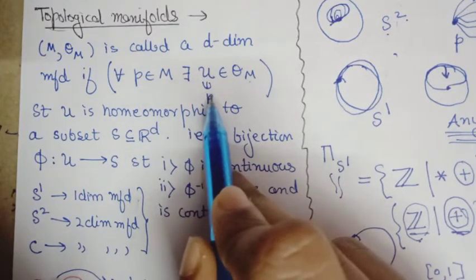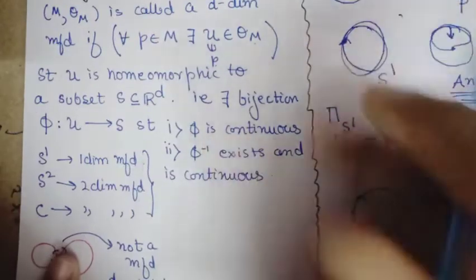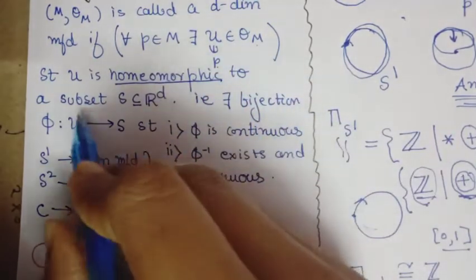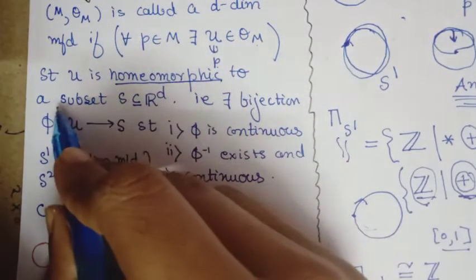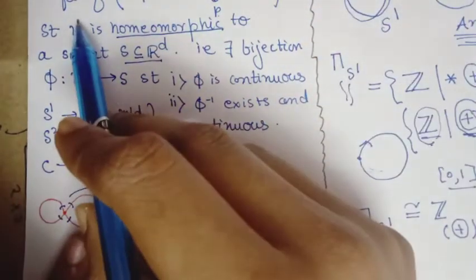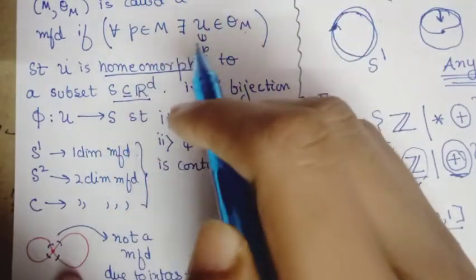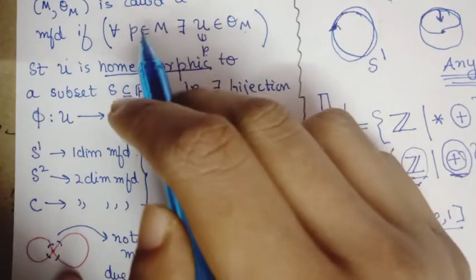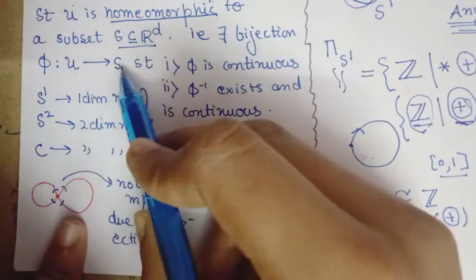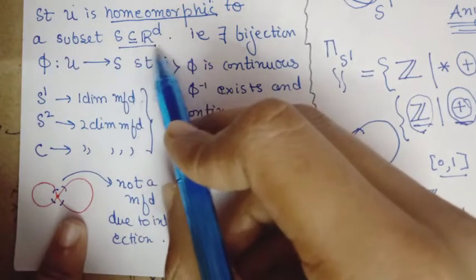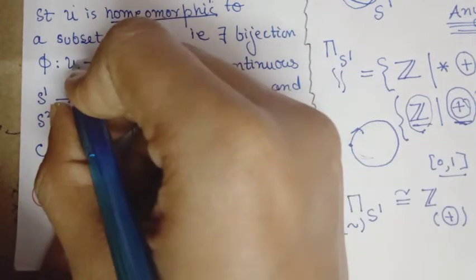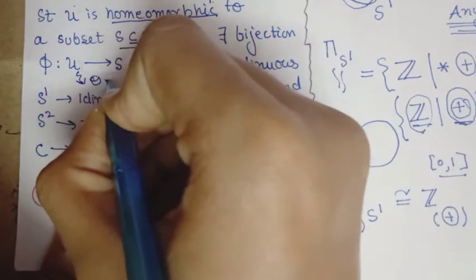For every point P, you can find such an open set such that the point lies in it, and this open set is homeomorphic. This is a new term. Actually it is not that new. Homeomorphic to a subset of R^d. So that means for every point belonging to the manifold, you can find an open set that contains that point, such that you can find a function from that open set to a subset of R^d such that the function is continuous, and hence you need a topology on this space which can be induced by the topology on the M space.